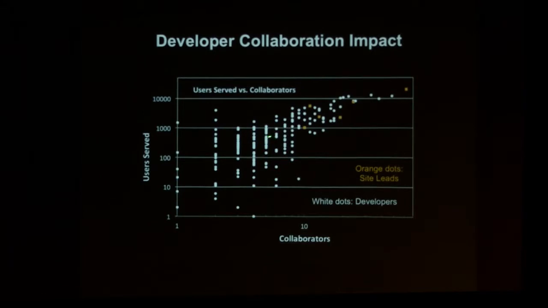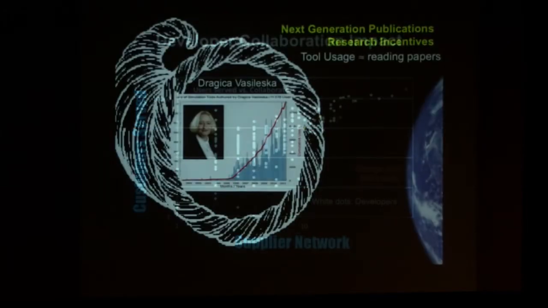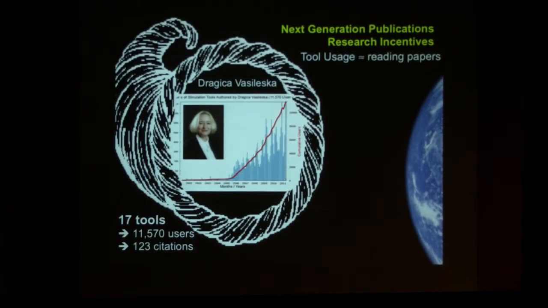So the essence of the message is if you have a lot of collaborators, you can reach a lot of users. So collaboration is a good thing. Well, here's real data. I'm not making it up, right? This is quantitative data. You can think of that as your supplier network. If your supplier network is extensive, you can reach a lot of customers. But that is not maybe a whole lot of incentive yet.